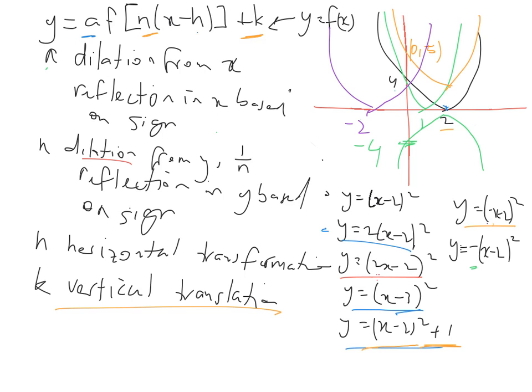So that's a basic rundown of some transformations written in a general form like this. So a is your dilation and reflection from x, 1 on n is your dilation from y and your reflection in the y-axis, h is your horizontal translation, and k is your vertical translation.